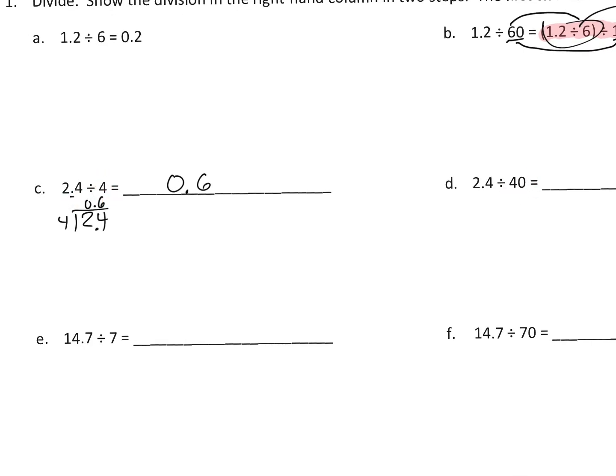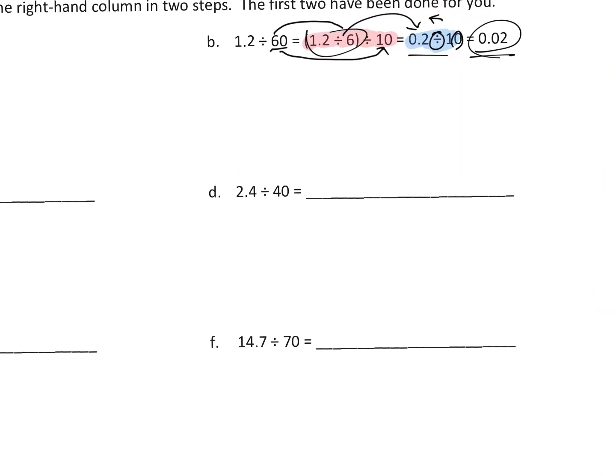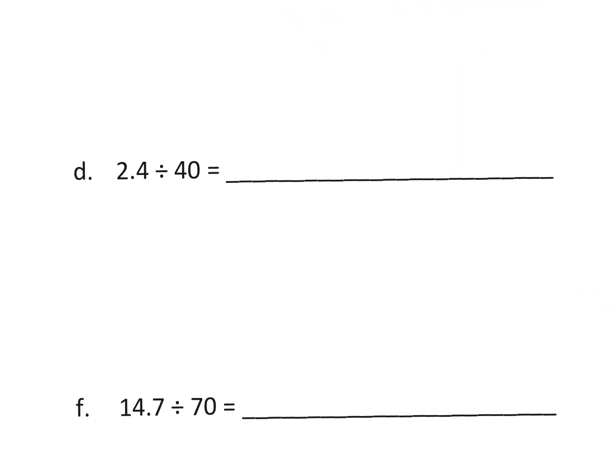Okay, so over here, notice how it's a similar problem, but instead of 4, now it's 40. We're manipulating the base 10 system right here, and we're just adding a 0 to it. So let's break this apart, shall we? We have 2.4 divided by 40, which would be the same as 2.4 divided by 4, same as the one before, but then we're adding one more step, dividing by 10.